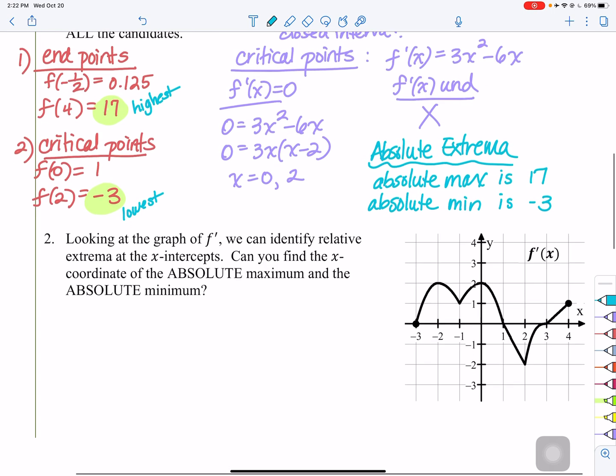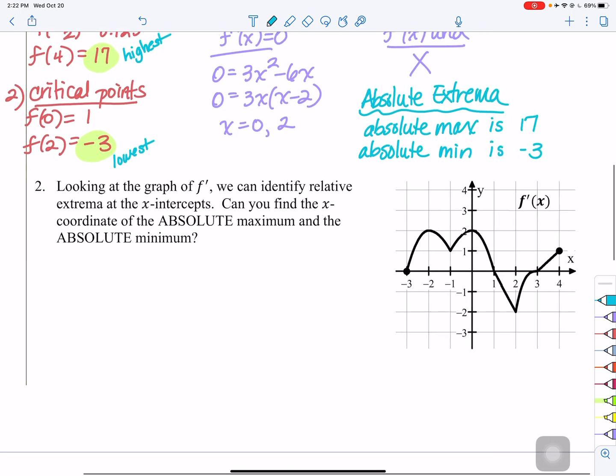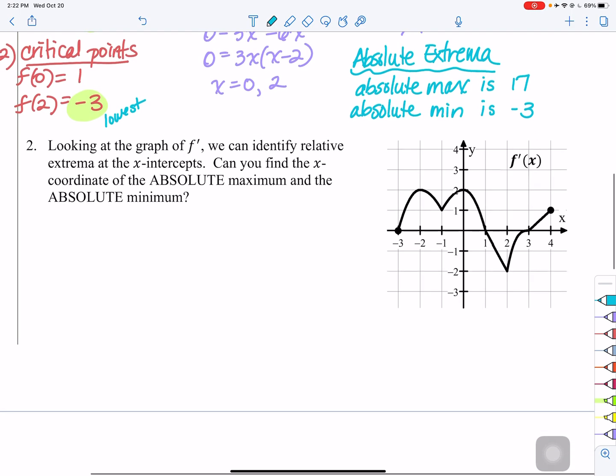Okay? Now let's take a look at this graph of f prime. Again, we need to keep in mind what graph we're looking at. And we're going to see if we can identify relative extrema at the x-intercepts. We're going to be looking at the x-intercepts, and we're going to see if we can find the x-coordinate of the absolute max and the absolute min.